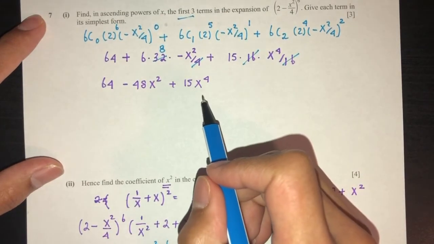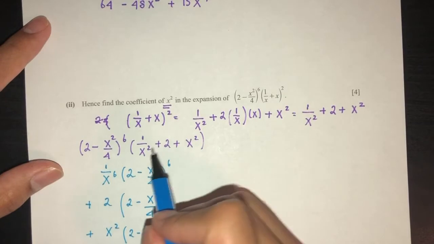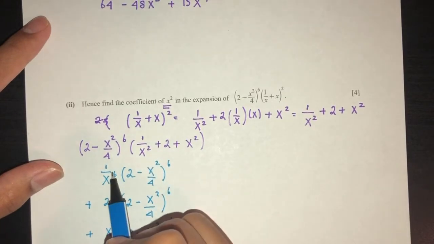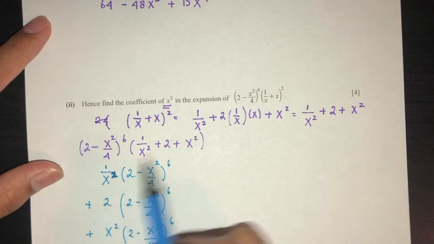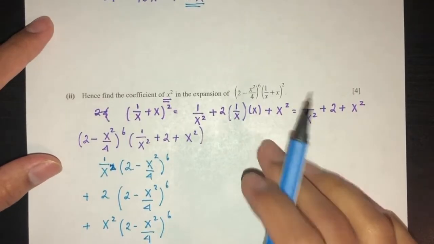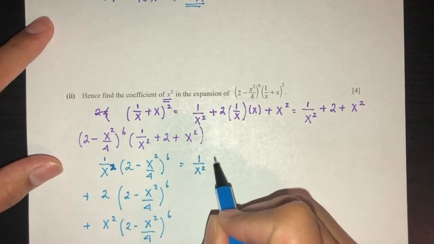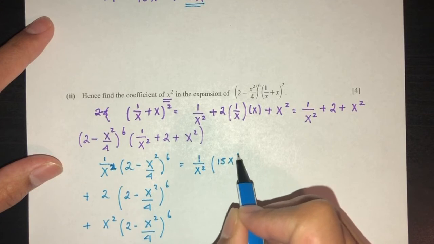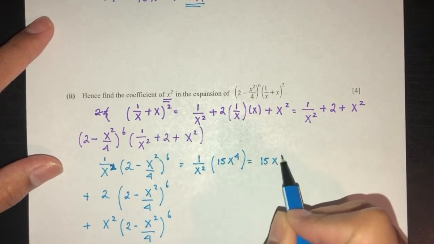This is 2, so if you choose, you will choose this one. That will be 1 over x squared multiplied by 15 x power 4. So you have a term in x squared. That will be 15x squared.